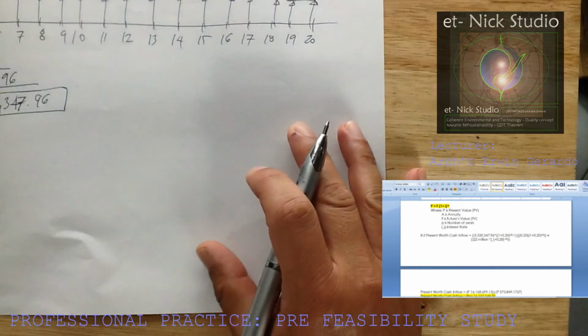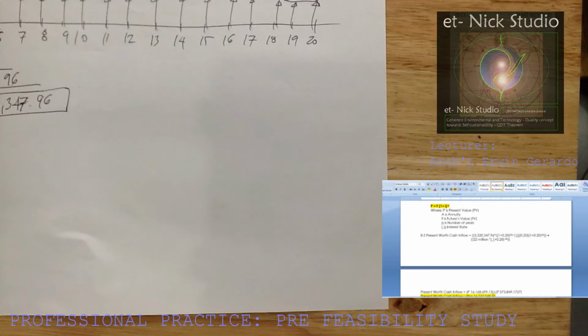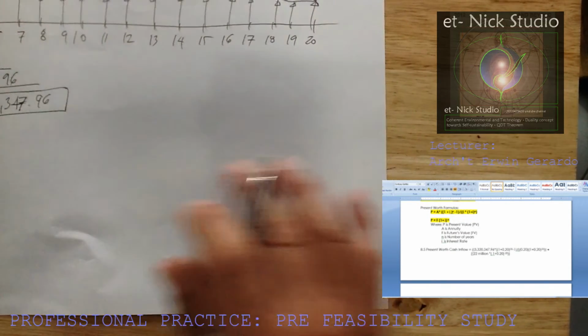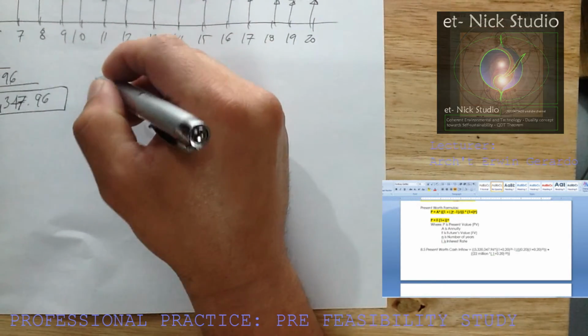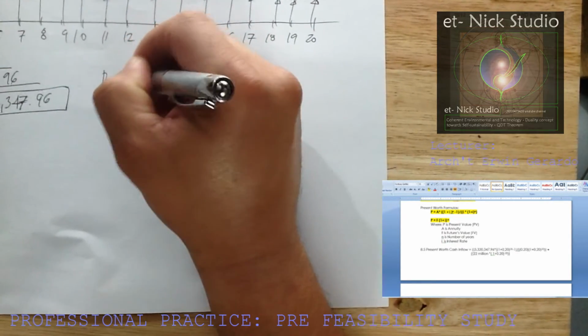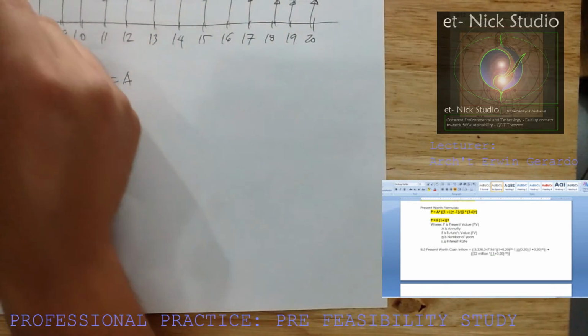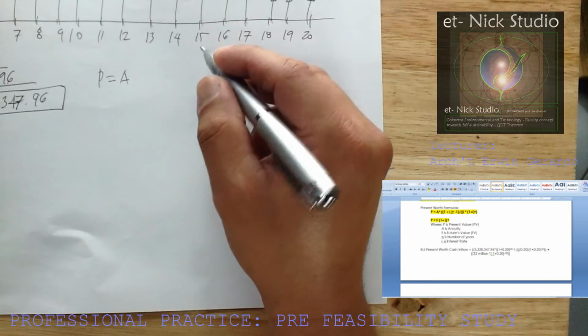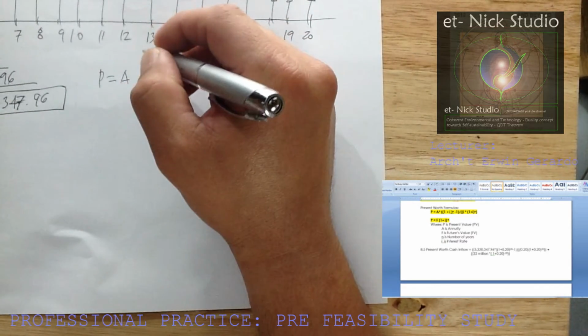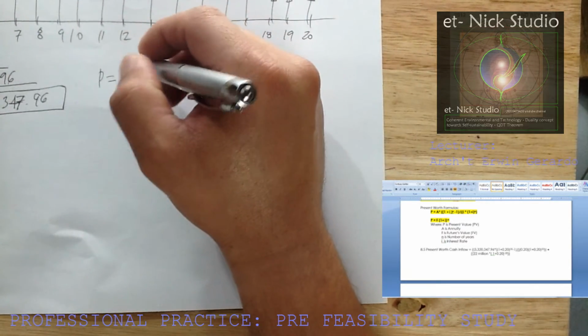Now, take note that for the present worth formula, A is actually the annuity. So that is why we have here 3,320,347.96.